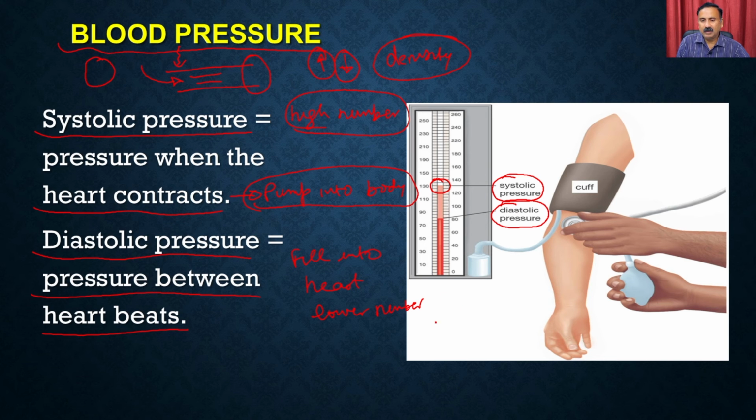In a normal human being, we can have a blood pressure of 120 by 80 millimeters of mercury. This 120 is the systolic pressure, the 80 is the diastolic pressure, and a number which goes above or below this is called abnormal blood pressure.